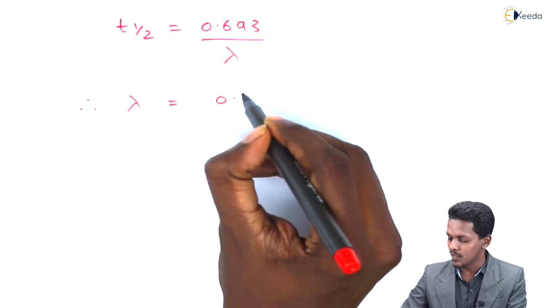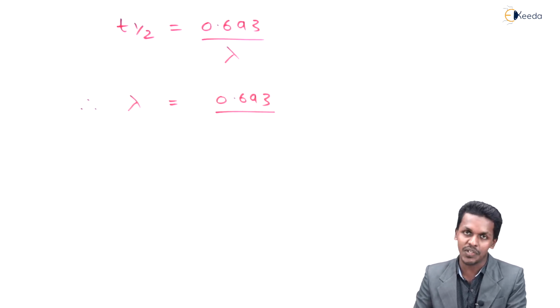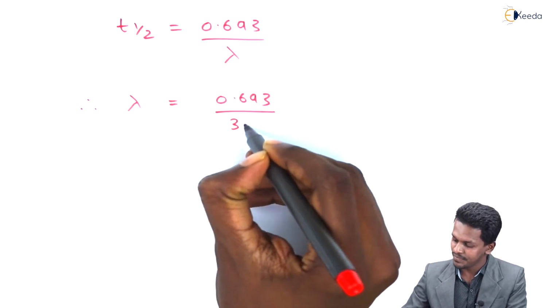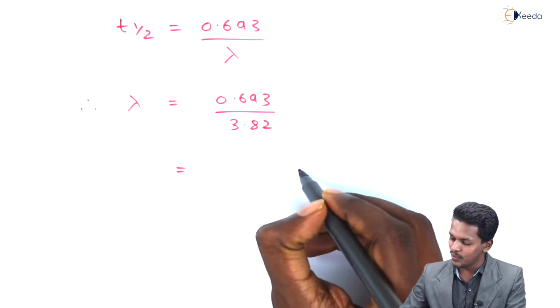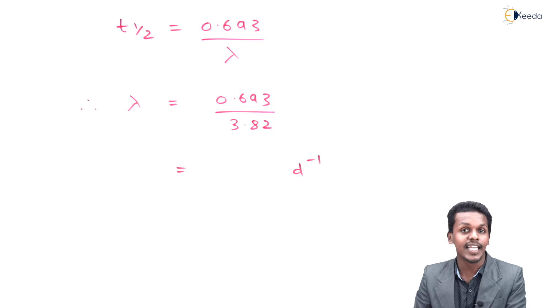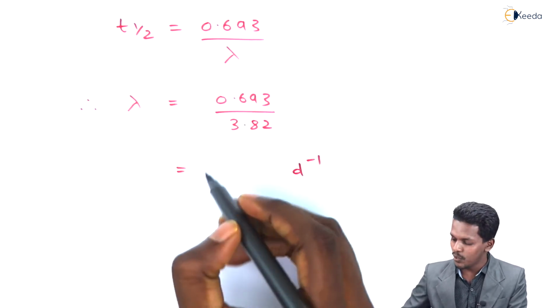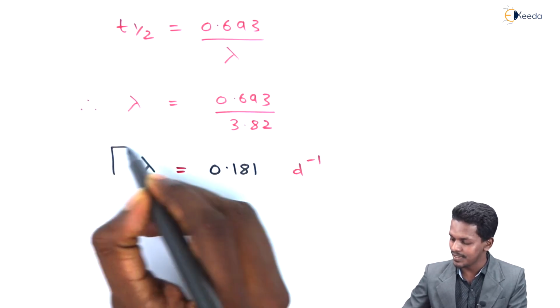Therefore lambda is 0.693 divided by T half. T half is given as 3.82 days, so the decay constant will have a unit of day inverse. We get the value 0.181 day inverse for the decay constant.